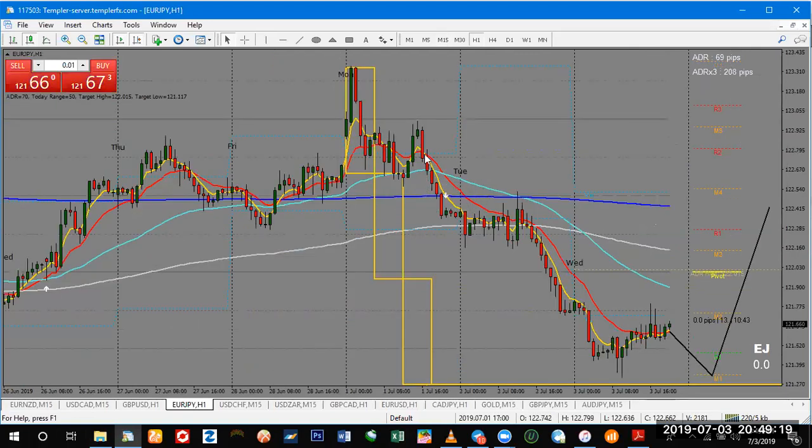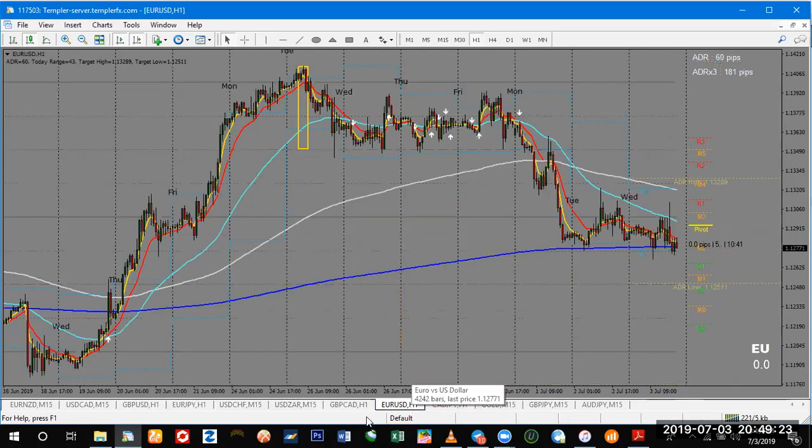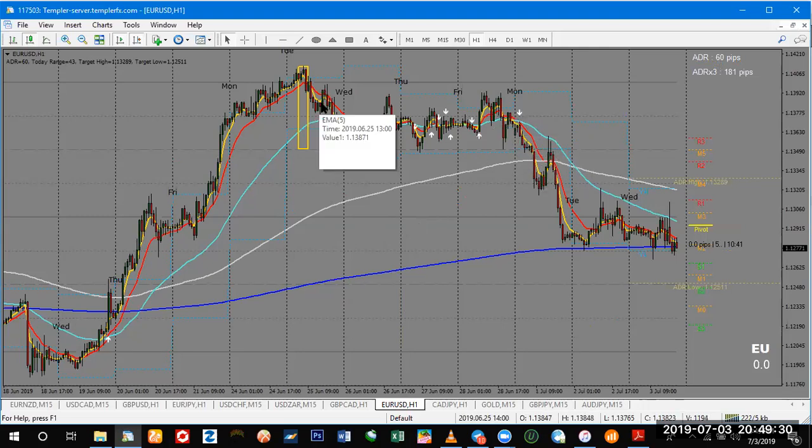Oh, here the ID 50 was not clear. See, here the ID 50 was clear, and here there was the ID 50. See, the dealer has formed a peak here.